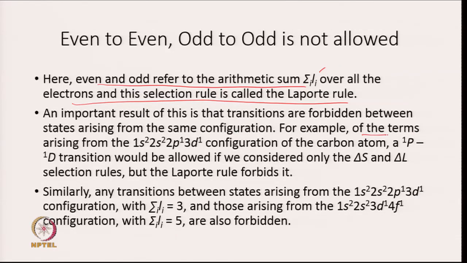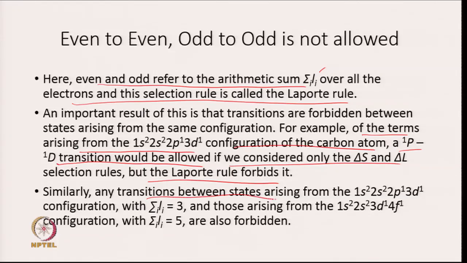For example, of the terms arising from the 1s2 2s2 2p1 3d1 configuration of the carbon atom, 1P to 1D transition would be allowed if we consider only the delta S and delta L selection rules, but the Laporte rule forbids it. The Laporte rule forbids the transition between states arising from the same configuration.